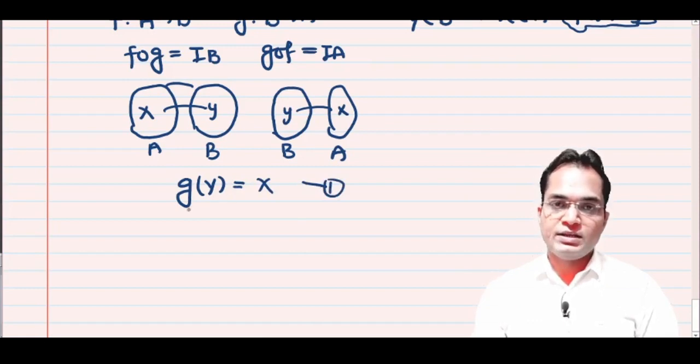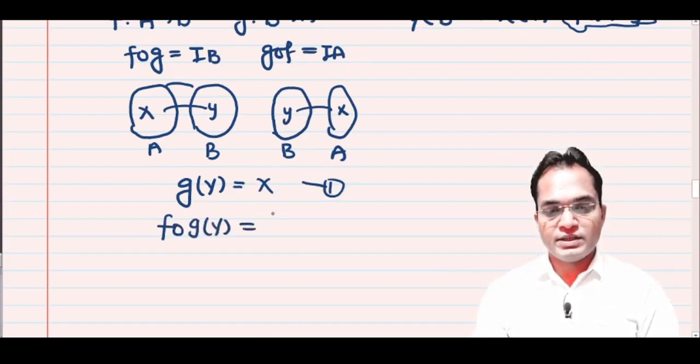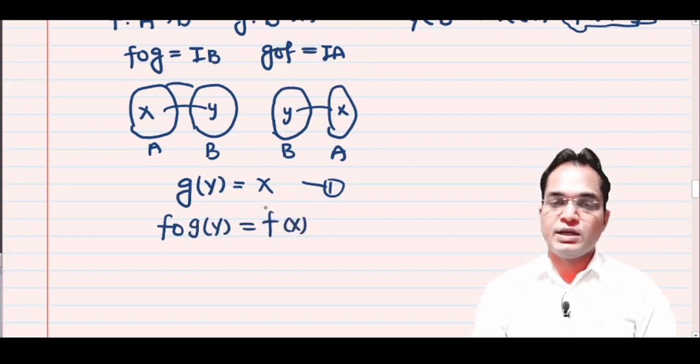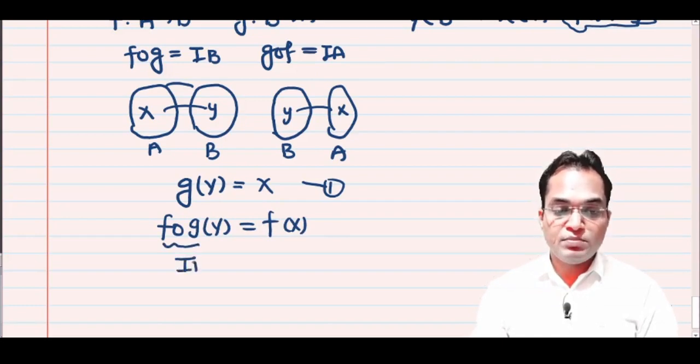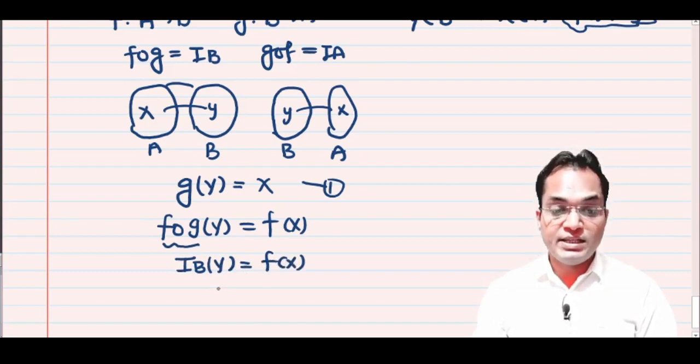Now taking the function f on both sides, you can write that f of g(y) equals f(x). Yes or no? Because f is a function, it is a given function. Then we know that it is I_B, meaning I_B of y equals f(x). Then we can easily prove here that f(x) equals y.